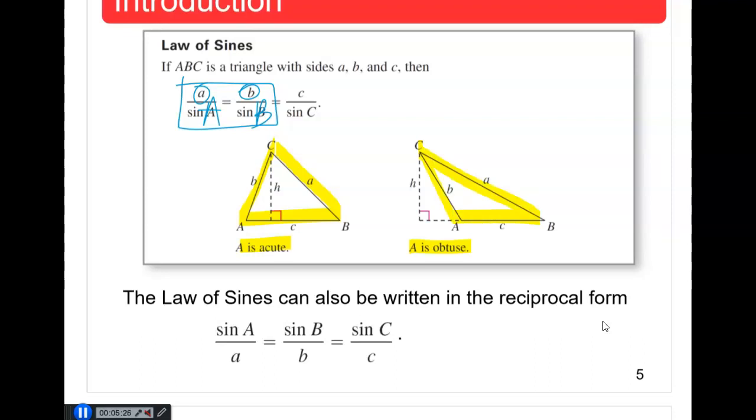However, to derive this formula, we're going to trace the height, which has to be from one vertex to the base, and it will have to be perpendicular to the base. So you can see you have a 90-degree angle there. So what I'm going to do now is separate these two triangles from here. I'm going to call them my pink and my purple triangle.